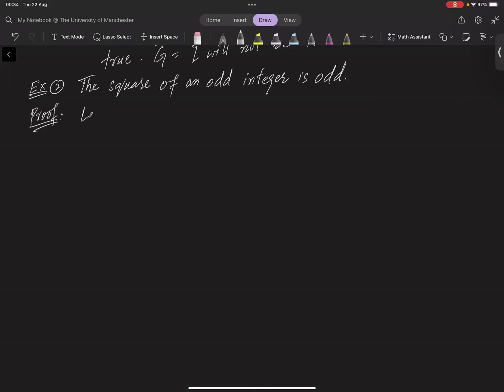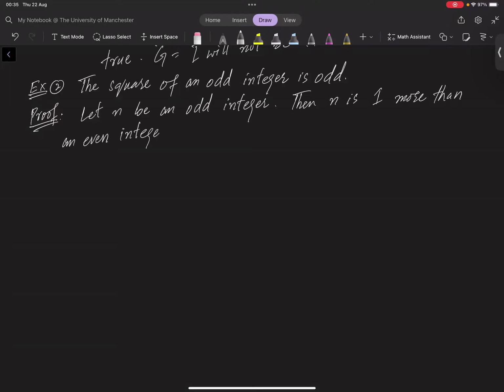Proof. Let n be an odd integer, so n is 1 more than an even integer.